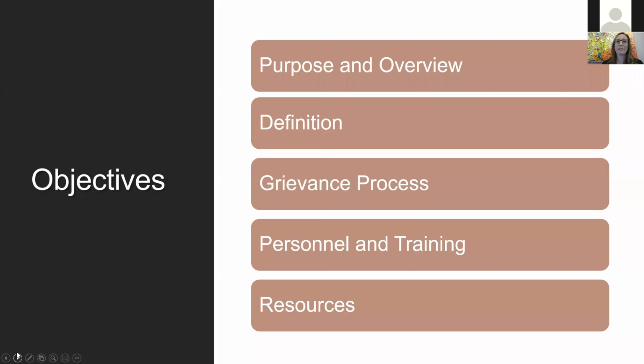They're really tightening up on your grievance process, and part of that is the personnel and training. A lot of this is at the district level, so it's an awareness piece for those of you who are in the school, so you know how investigations will proceed and who will potentially be in charge of those investigations, and then some resources for you.